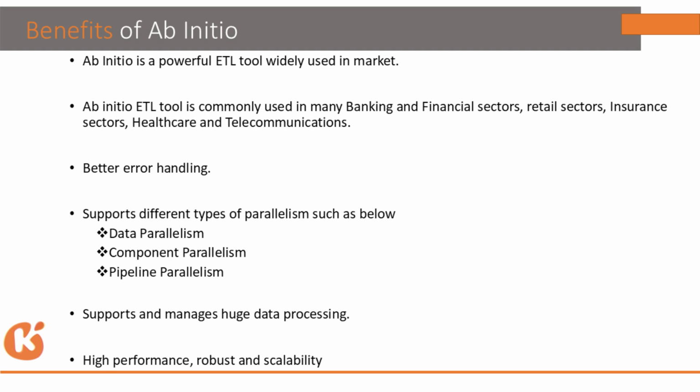These are the three different types of parallelism in Ab Initio, and it is one of the main advantages of Ab Initio over other utilities. Other utilities don't have this parallelism concept, the way to process data in quicker time.